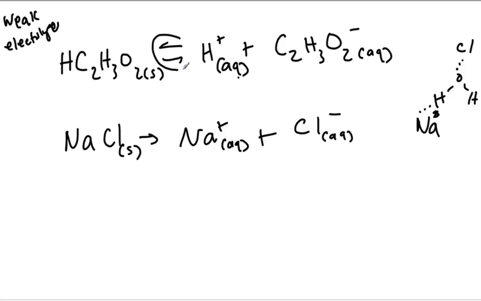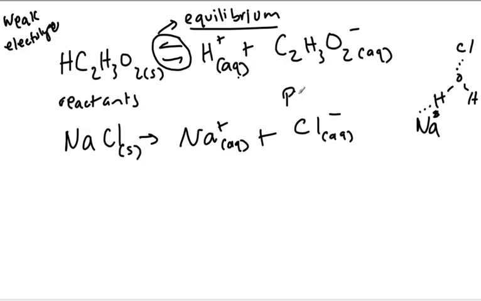So this symbol right here means equilibrium, which means that after we dump it, we allow it to settle and run its course until it calms down, and then we take a look, and it's an equilibrium, which means it's going to be equal parts of both the reactants as well as the product.